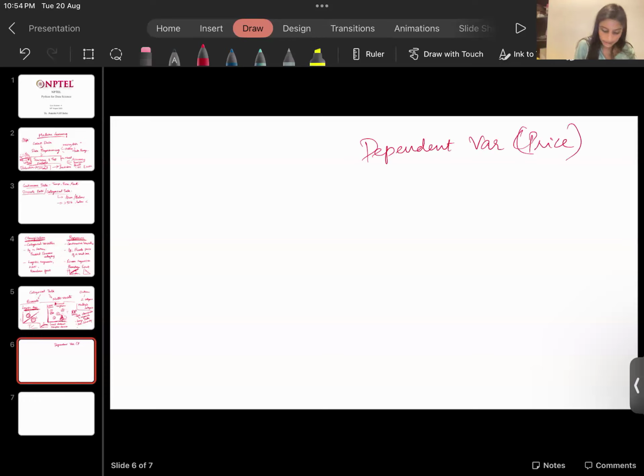Just for example, let's say the resale price of a used car. Several factors will be how many kilometers it has been run, the fuel type, the age of the car, like how long it has been since the car was purchased, and several other things.